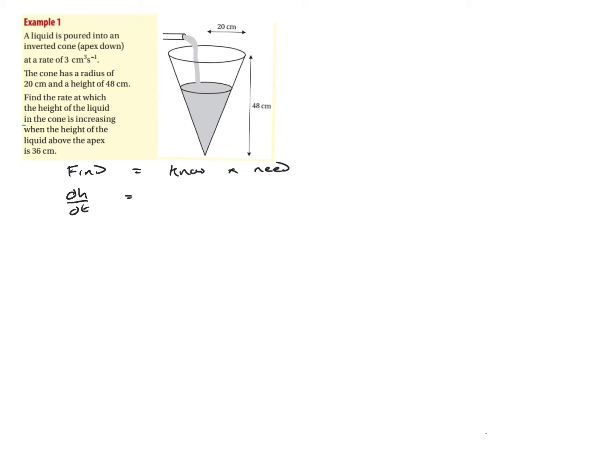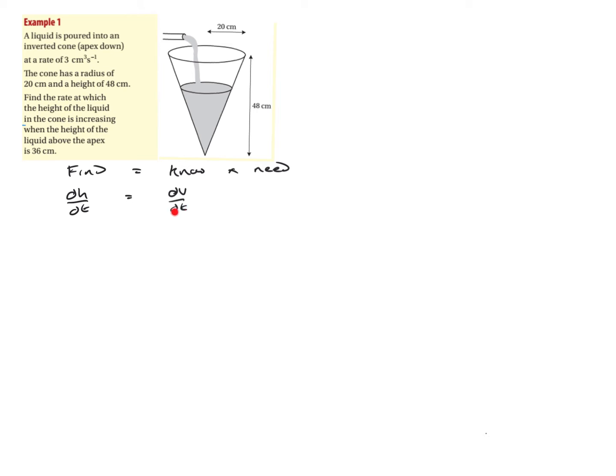What do we know? We have been told that the rate is 3 centimeters cubed per second. Centimeters cubed tells us that there is a volume with respect to time, so we know what dV/dt is.